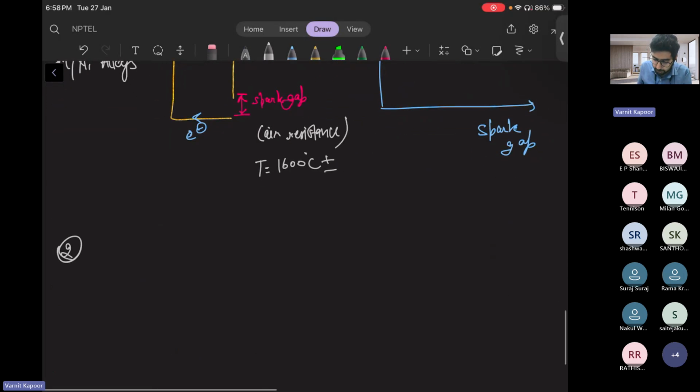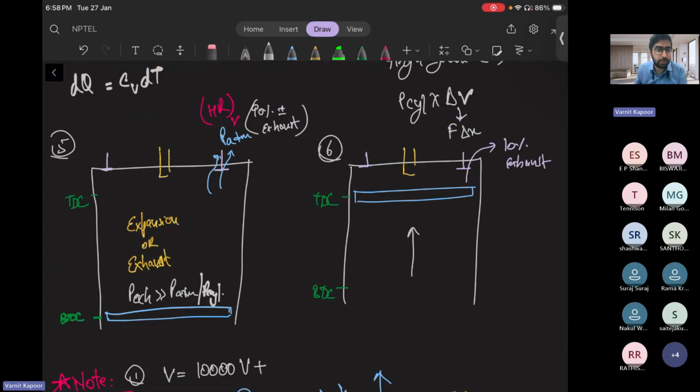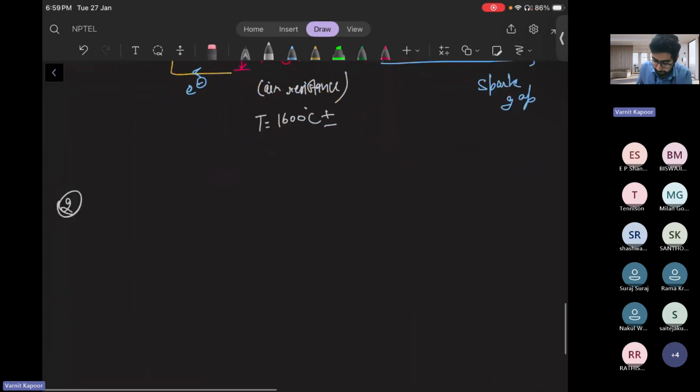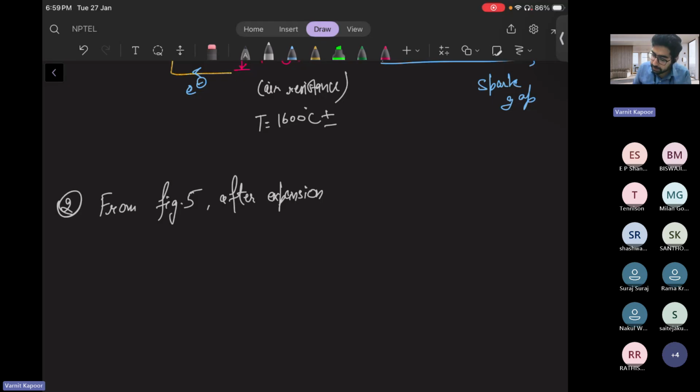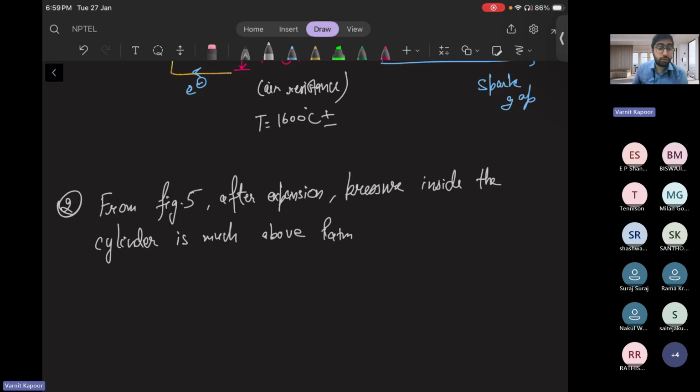From figure number 5, after expansion, the pressure inside the cylinder is much above P atmosphere. And also the temperature is very high.